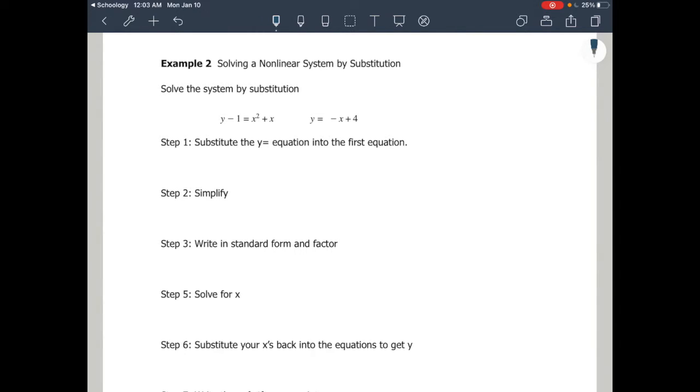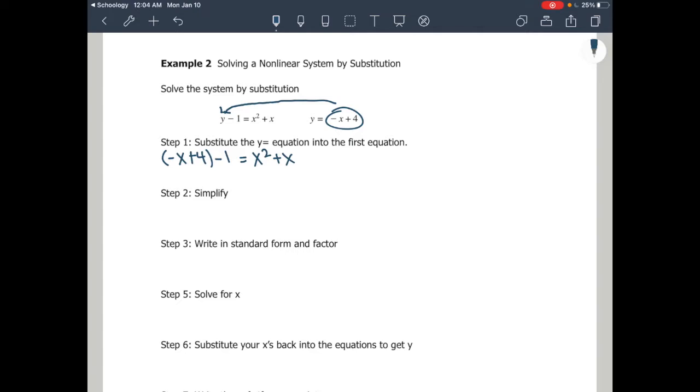The first step says substitute the y equals equation into the first equation. So negative x plus 4 minus 1 equals x squared plus x. I'm just copying down the information.